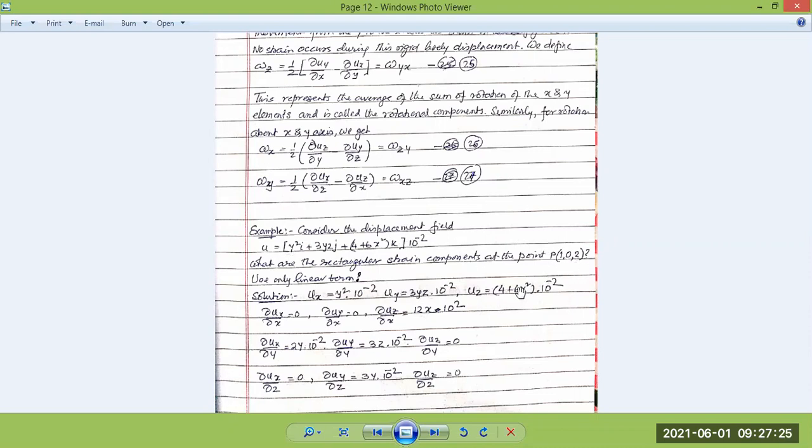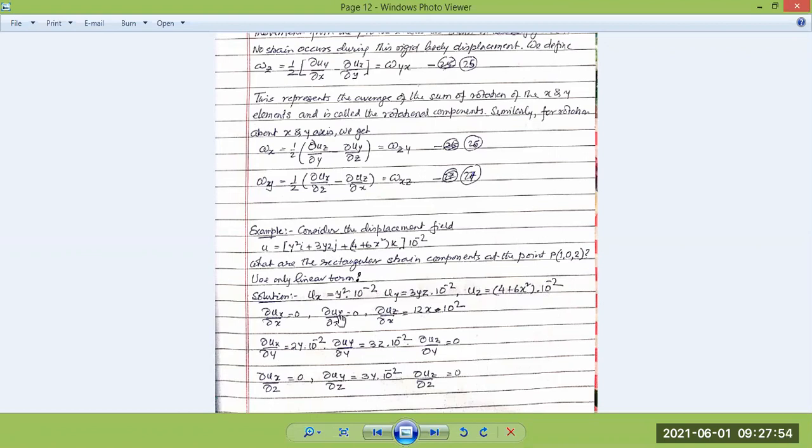Now, as we know, the displacement vector itself has components along the x-axis, y-axis, and z-axis given as ux equal to y square, uy equal to 3yz, and uz equal to 4x plus x square. Which is written as y square, 3yz, all multiplied by 10 to the power minus 2, and uz as 4x plus x square, multiplied by 10 to the power minus 2.